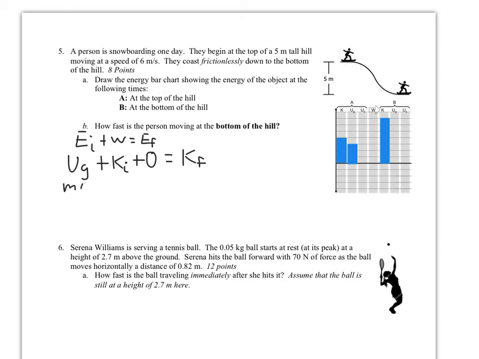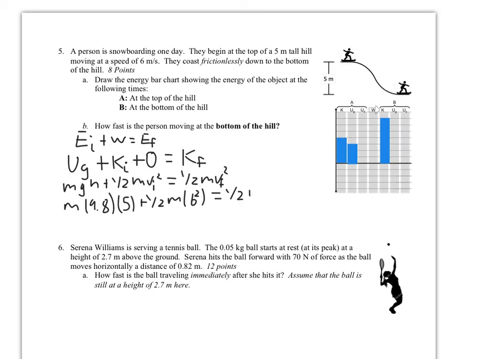So we can then say mgh plus 1/2 mv squared equals 1/2 mv squared. And once again, I'll say v final and v initial just to distinguish between the two. So we get m times 9.8 times 5 plus 1/2 m times 6 squared equals 1/2 m vf squared.